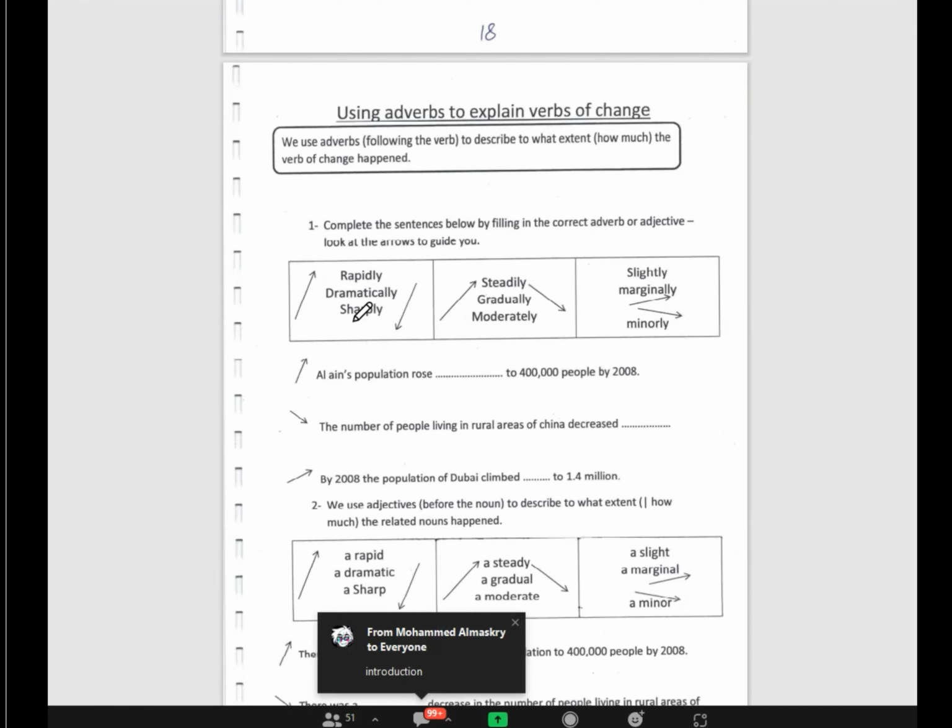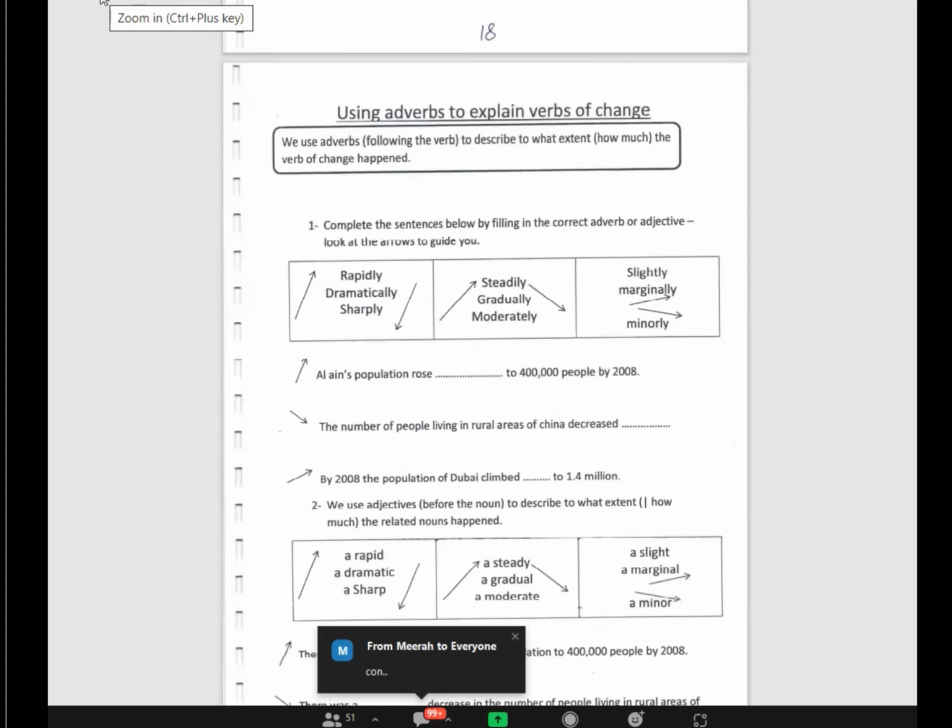Introduction, very good. The second one, the overview sentence. Not the body, the overview sentence. The next one is the body, and the last one is the conclusion.